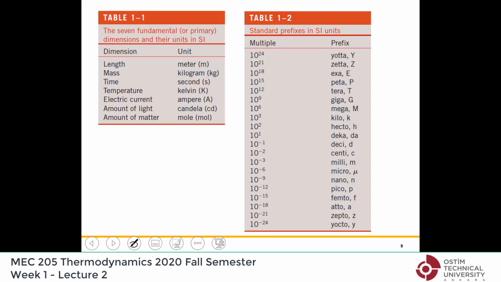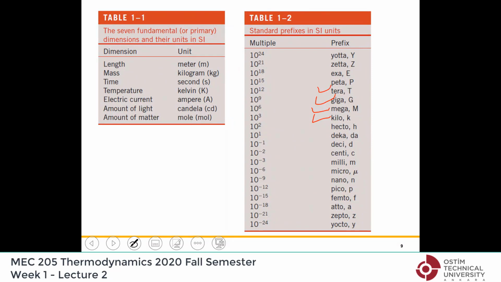Kilo, for example, simply means 1000. Like kilogram is 1000 gram. Mega is million. So megawatt is 1 million watts. Okay, giga is like billion. Okay, tera is whatever.